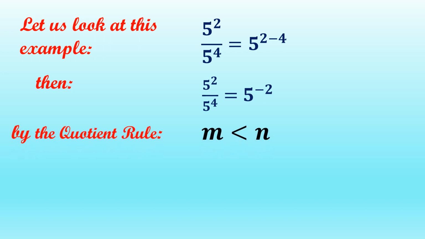By the quotient rule, where m is less than n, we have 5 raised to the negative 2 is equal to 1 divided by 5 raised to the power 4 minus 2. So 5 raised to the negative 2 is equal to 1 divided by 5 squared.